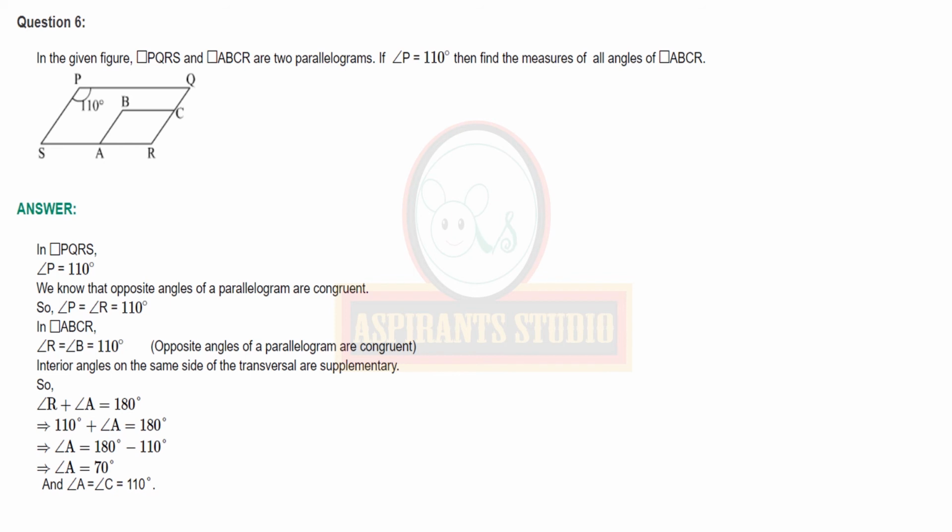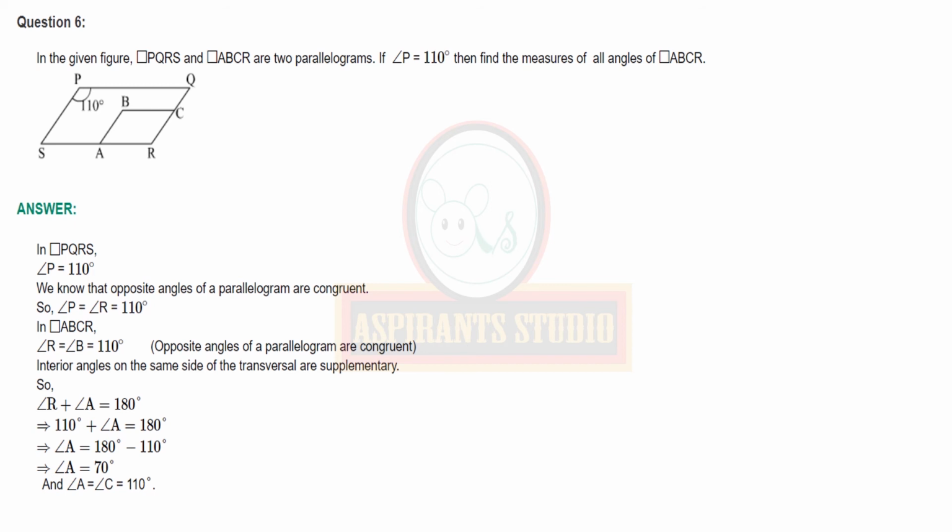So we can write measure of angle P is equal to measure of angle R is equal to 110 degrees, because angle P and angle R are opposite angles of the parallelogram PQRS. Similarly, you have quadrilateral ABCR, which is given to be another parallelogram.